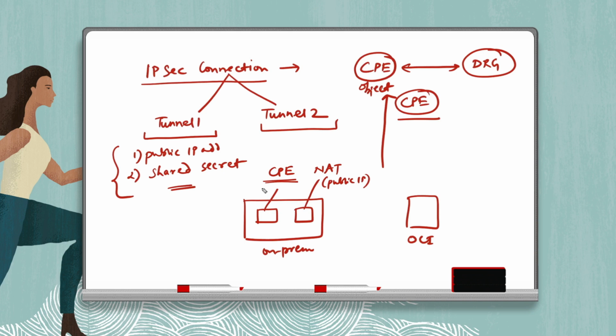But in case the customer premises equipment is behind the NAT device, you need to change the customer premises equipment Internet Key Exchange identifier and point it to the customer premises equipment private IP address. So please note that when it comes to Internet Key Exchange, Oracle supports both Internet Key Exchange version 1 and version 2.